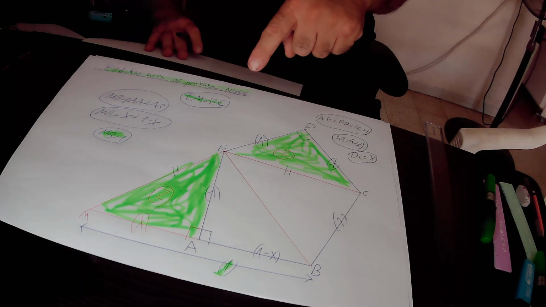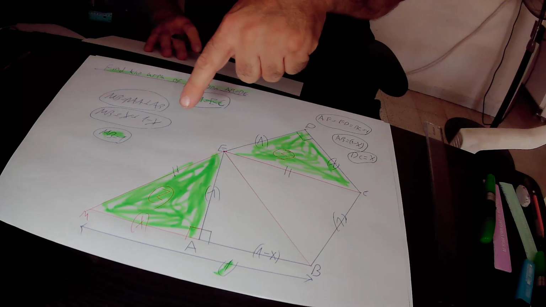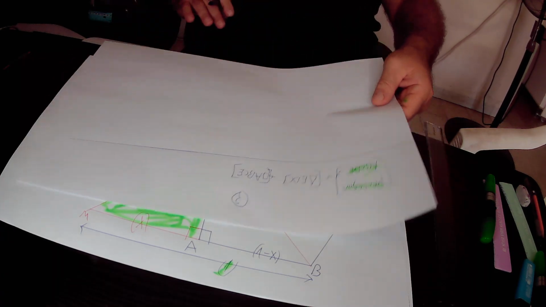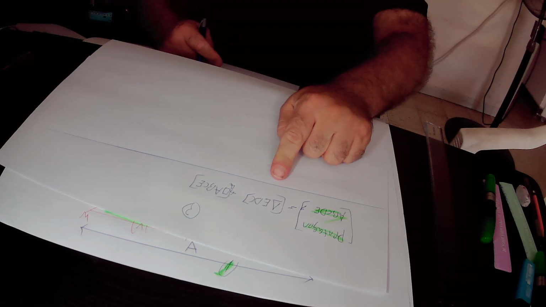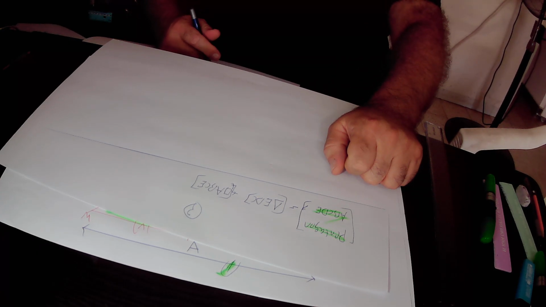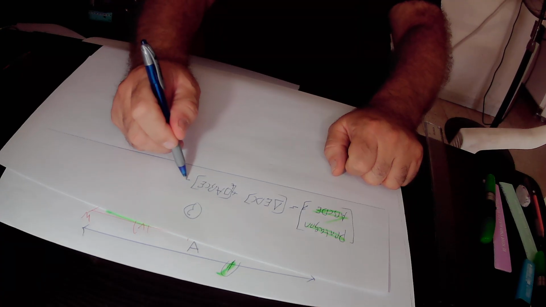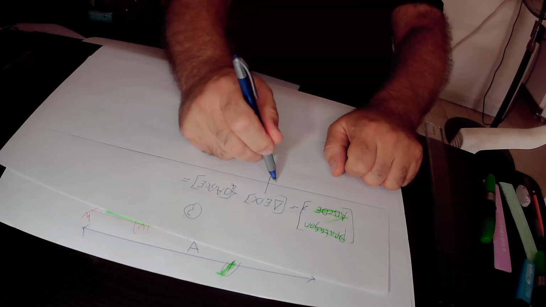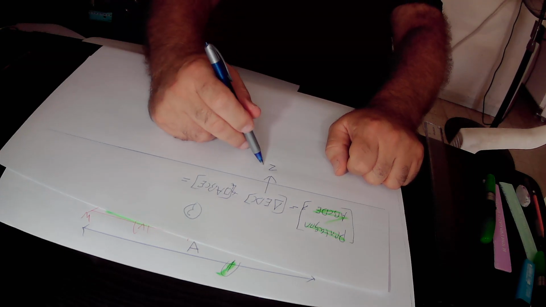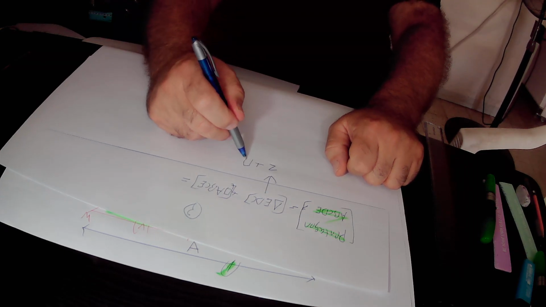According to our definition, the area of this green right triangle EDC equals Z squared in its size. So we substitute the area of triangle EDC by Z, plus the area of quadrilateral ABCE.